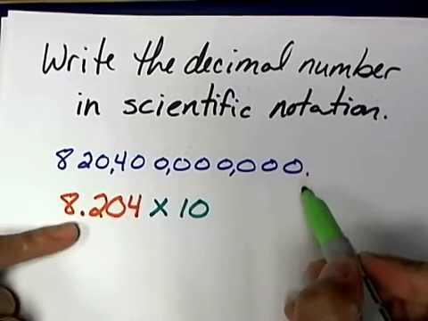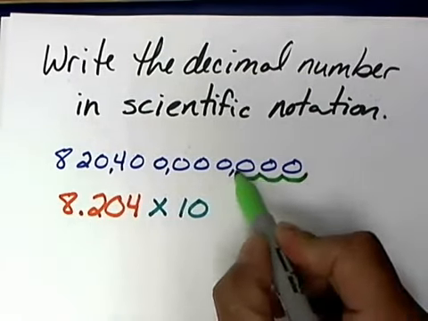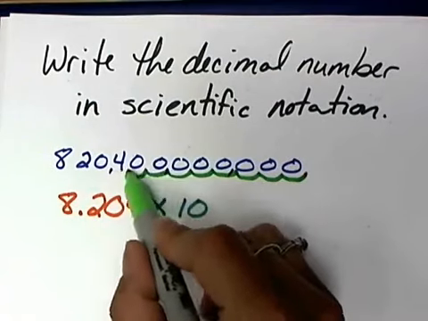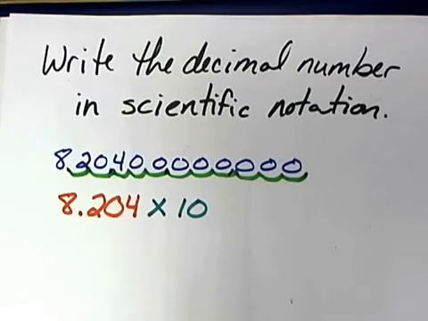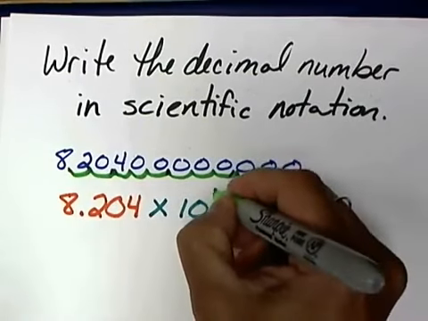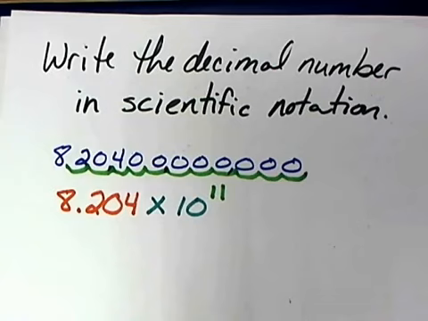I need to move it so it's between the 8 and the 2. How many spots is that? 1, 2, 3, 4, 5, 6, 7, 8, 9. One more makes 10. And another one, so that's 11. It's a big number, so our 11 is positive. So 8.204 times 10 to the 11th is this big number written in scientific notation.